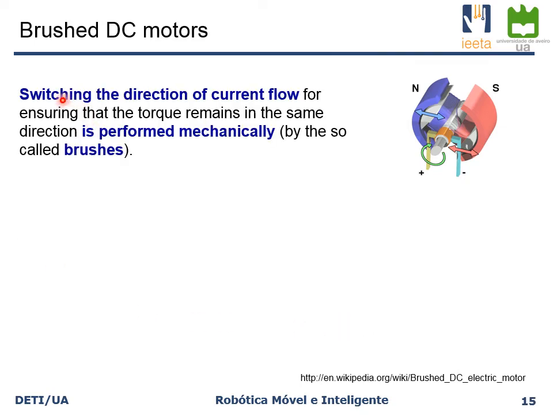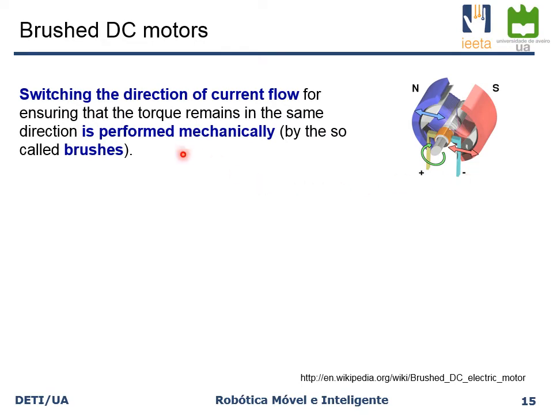So the reason why these keep rotating when there is, in this case, voltage applied in these 2 points is because these 2 points are rotating and are switching the connection of these two coils into the voltage applied.